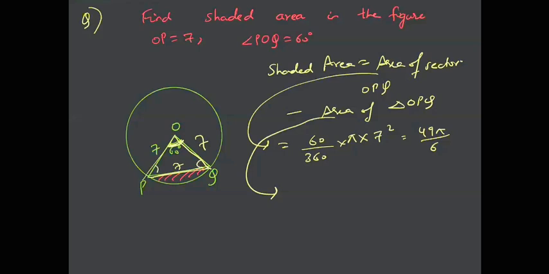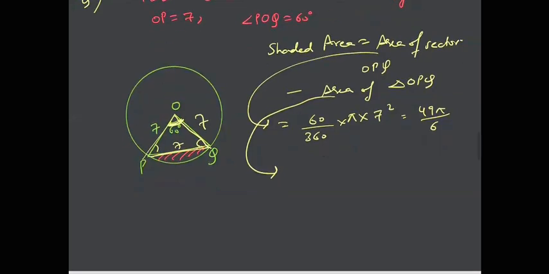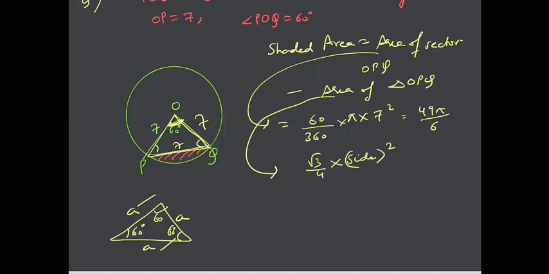In any triangle, if you have two sides equal and the angle between them is 60 degrees, then the third side would also be equal to one of these two sides and the triangle would be equilateral. So triangle OPQ is equilateral. The area of an equilateral triangle is root 3 by 4 times side square. So this is root 3 by 4 times 7 square, which is 49 root 3 by 4.